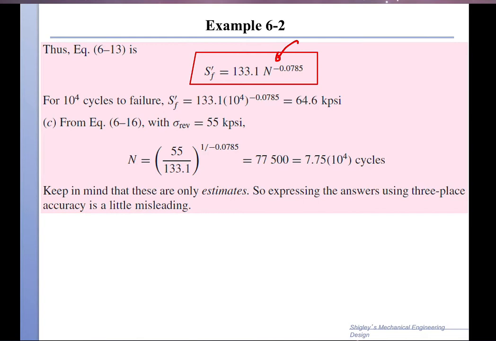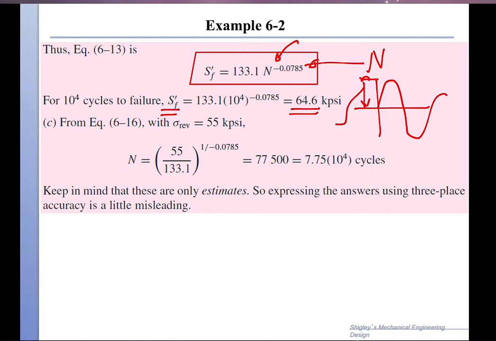This is easy to use because you substitute any N in here and you get the corresponding S_f prime, and in this case for 10,000 cycles we got 64.6 ksi as the amplitude. In your mind, if you plot the stress as a function of time, the 64.6 is this amplitude.